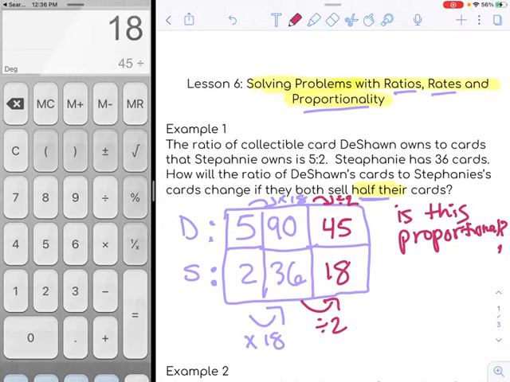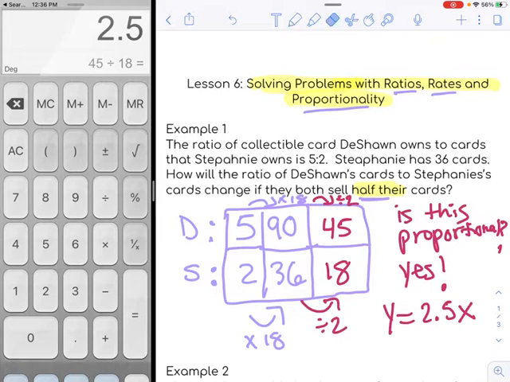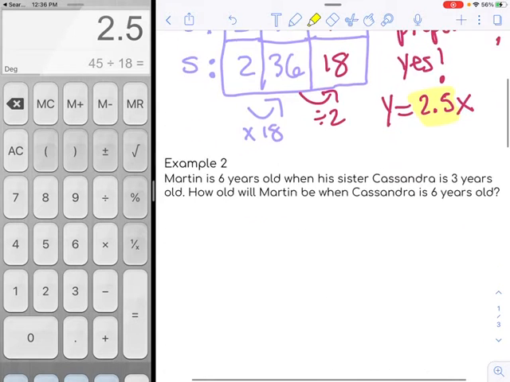We would do 45 divided by 18, which is 2.5. So yes, this is proportional. And we could write this equation as y equals 2.5x. What this is saying is that whatever we are constantly multiplying by, our constant here is 2.5. That is the equation we want to use for proportionality there.